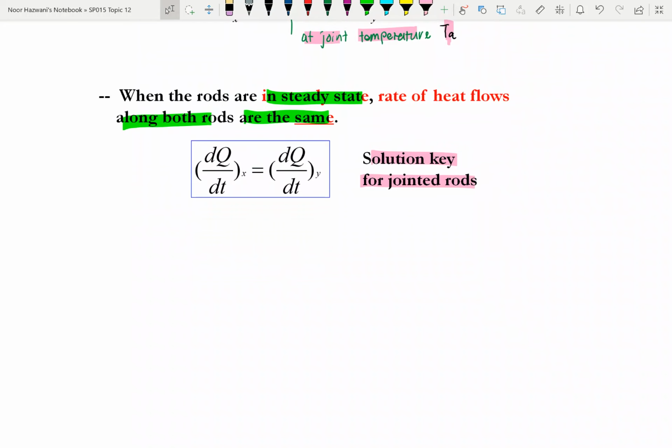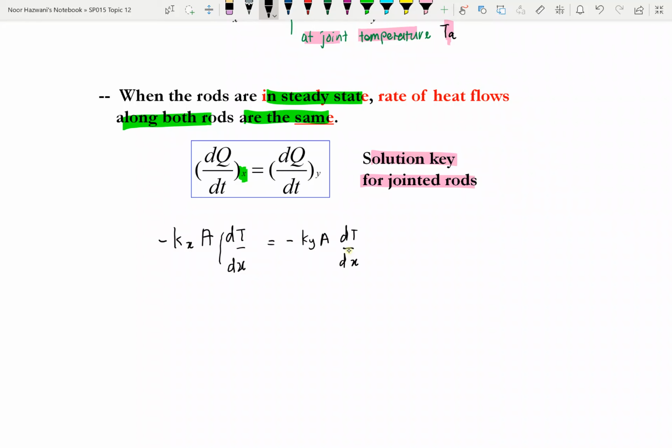So untuk rod X, you masukkan thermal conductivity X. So negative Kx, A dia kata sama, so kita label sebagai A sahajalah, dan dT per dx, equals to negative Ky, A dia sama, dT per dx.